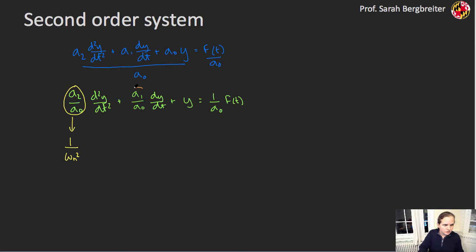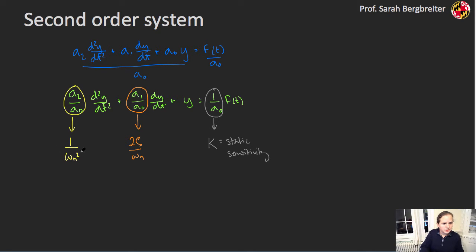And the second coefficient is going to be based on both the damping ratio and the natural frequency. In this case, this is going to be 2 zeta, where zeta is my damping ratio, divided by omega n. And then finally, I also have this coefficient in front of my input term, and that's still going to be my K, or my static sensitivity.